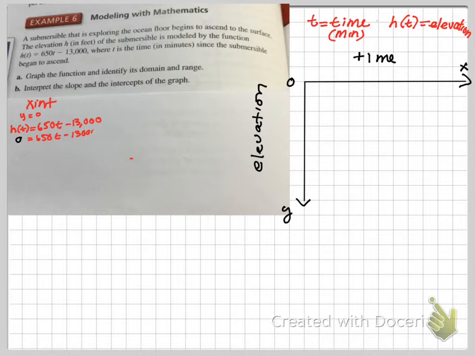Then I'm going to add 13,000, and we're left with 13,000 equals 650t. Divide both sides by 650, and we get t is equal to 20.